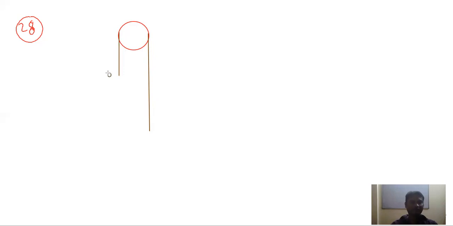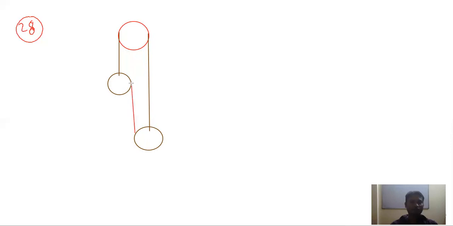Let us consider the first pulley as P1. So this is pulley P1. Here we have another pulley, let us say P2. Now let us show another thread, another string in red color.